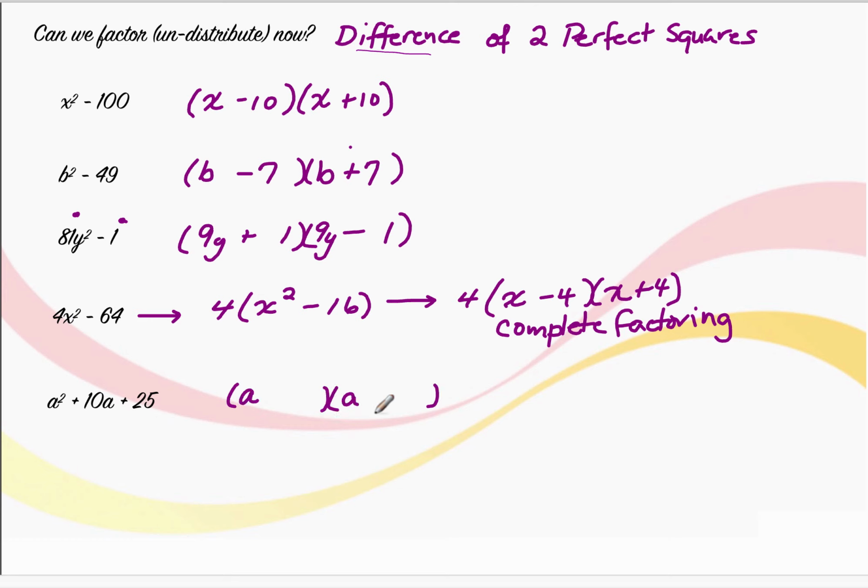A times A gets me A squared. 5 times 5 would get me 25. And then if they were both plus, I realize I get that middle term of 10. And once again, this is not really today's topic. This is going to be tomorrow's: how to always factor a trinomial, with 1, 2, 3 terms. But just again, a little foreshadowing.